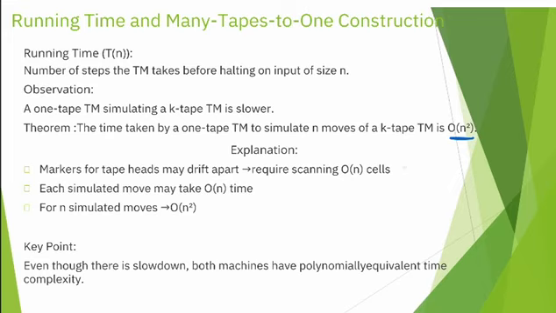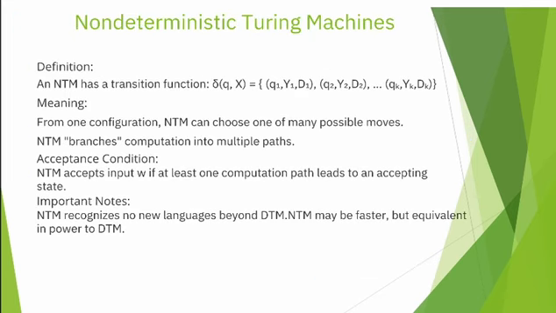Head markers may move apart and need long scans. Each simulated step may take big O of n time. For n moves, it takes total time n times n, that is big O of n square. Even though it is slower, both machines are polynomially equivalent, meaning they run in comparable complexity classes.